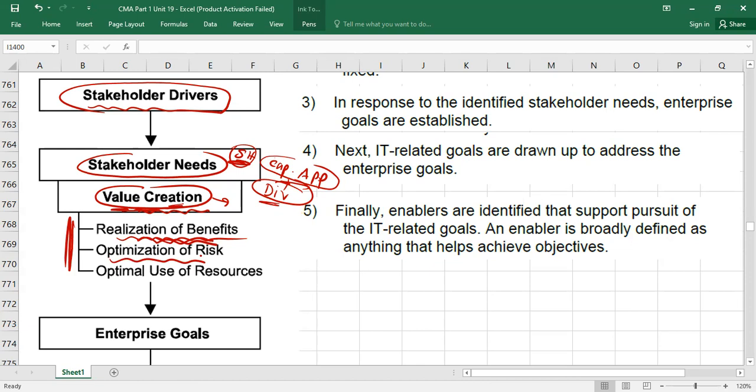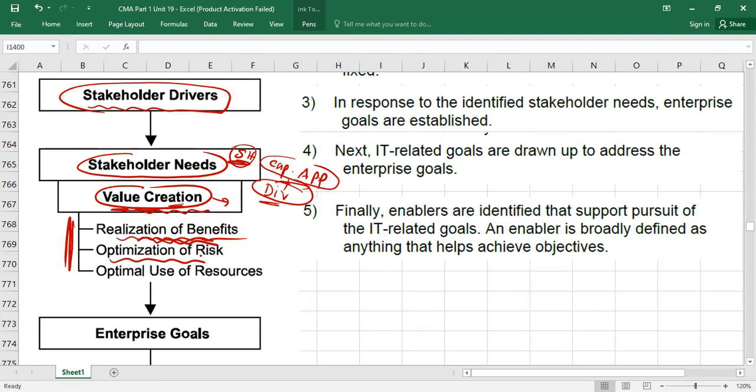So what is optimization of risk? Guys, risk optimization doesn't mean risk mitigation only. For example, you are investing somewhere and you are taking high risk. Obviously, if you are taking high risk, you should generate high return also to balance the risk. If you are taking less risk, you should generate less return also.